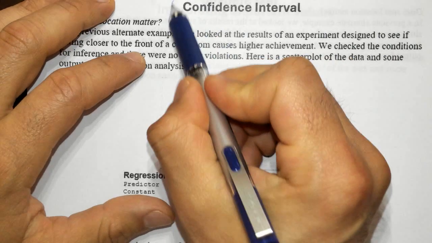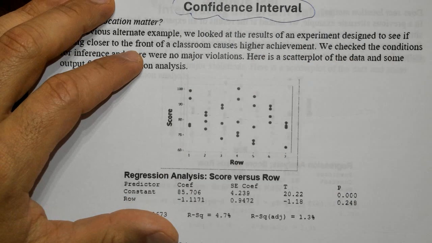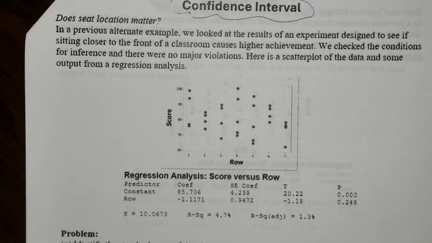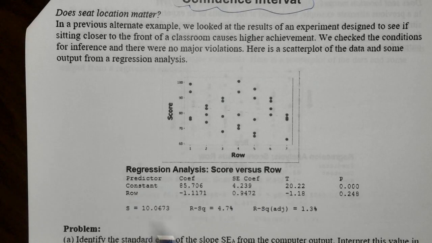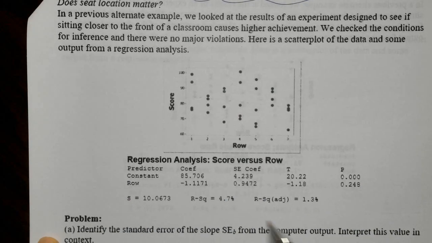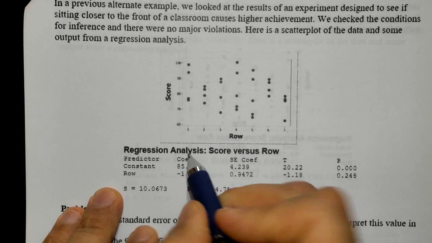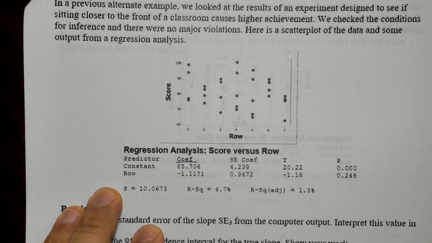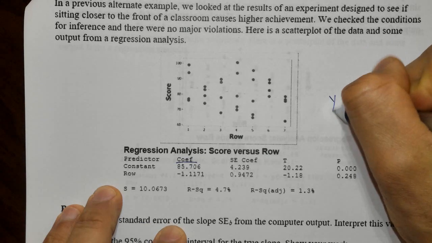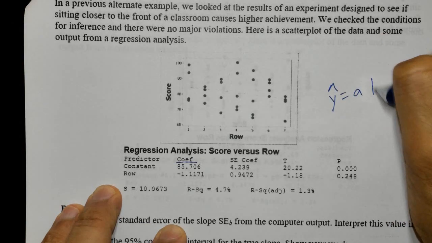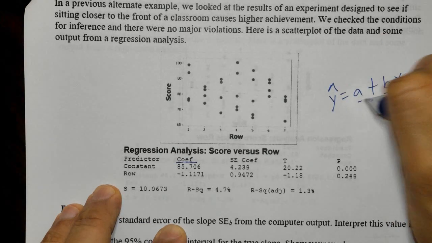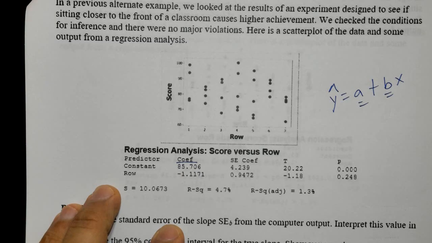Now, for this example, I want to show you a confidence interval. We want to look at all of this information. This is like an output table, and I'll show you how to read all of this. So we're going to look at the coefficient. That deals with this component, a plus bx. These are the coefficients, right?